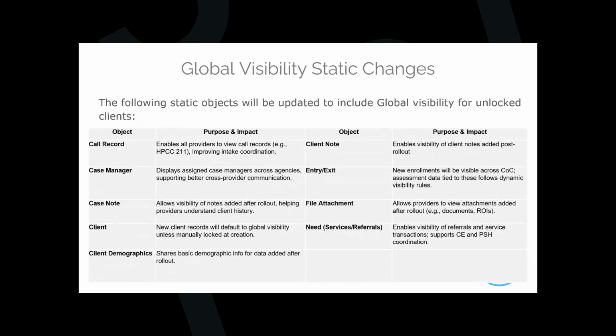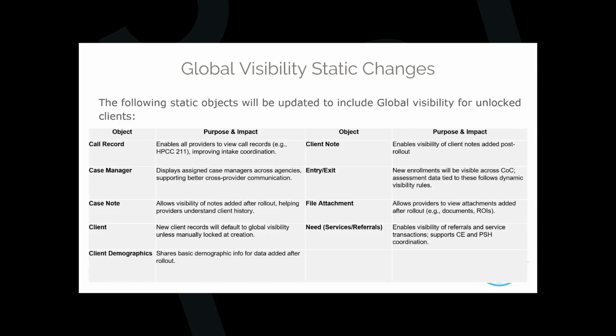Okay, we have another one. If a participant does an assessment update, will the update be visible to others, or does the global visibility start with all new enrollments? That's a good question. If you do an update to an existing entry and exit enrollment, that is not going to make that enrollment itself visible going forward.